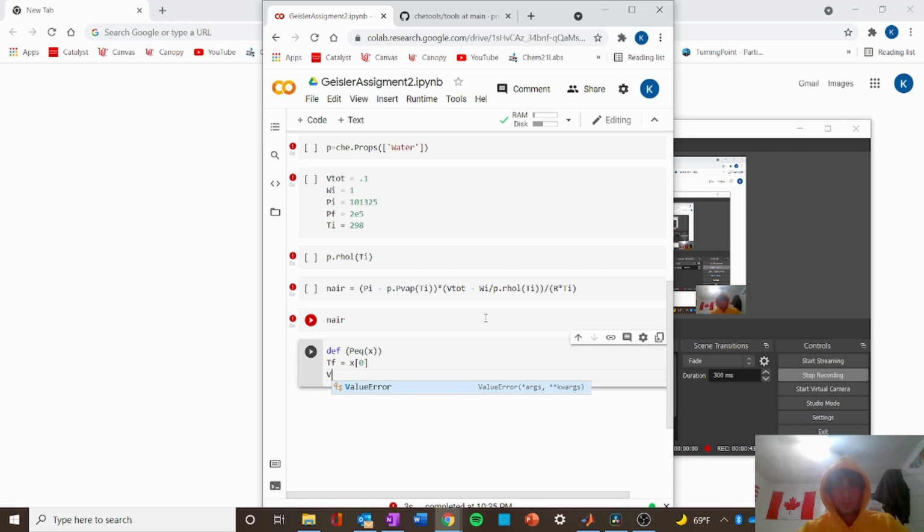Then the volume of our vapor phase is going to equal the total volume, which we know is 0.1, minus the initial weight times rhoL of our final temperature.